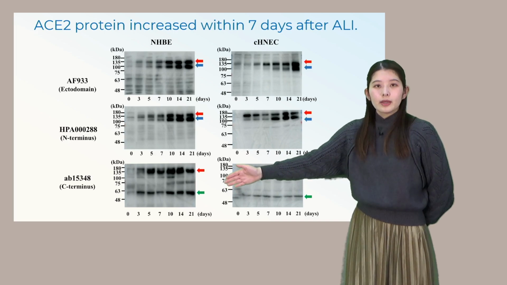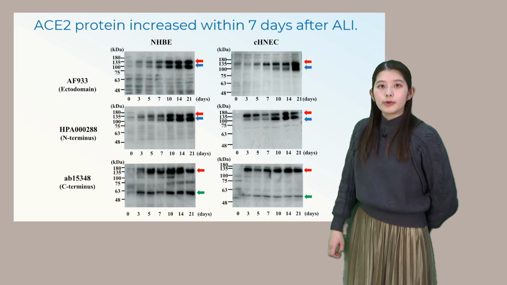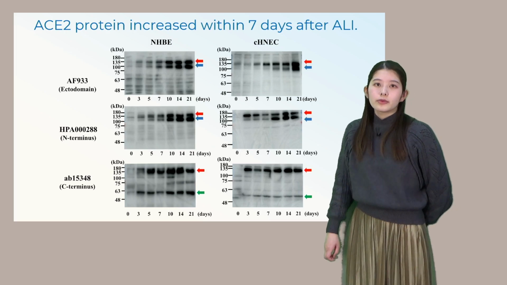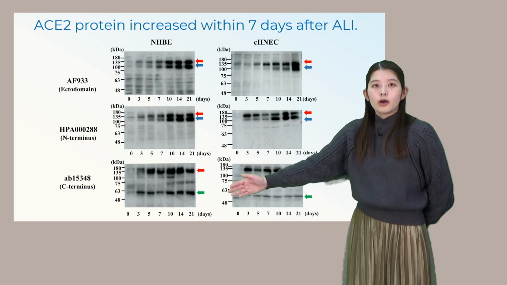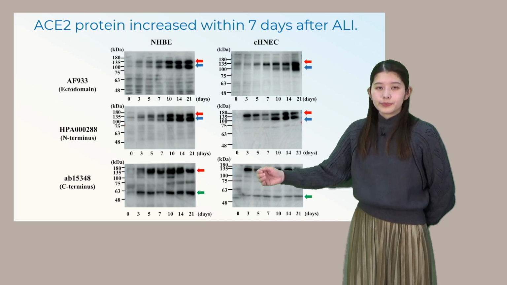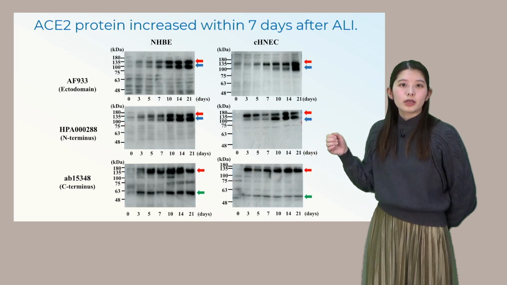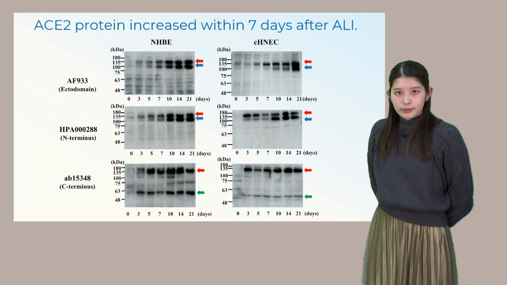This 50 kilodalton band corresponds to a splicing variant of ACE2, so it seems to represent the processed splicing variant. And the other bands are all detected at a higher molecular weight than the expected 97 kilodalton.